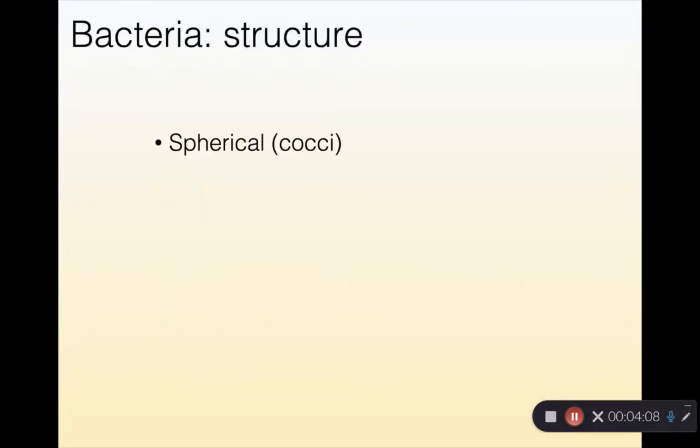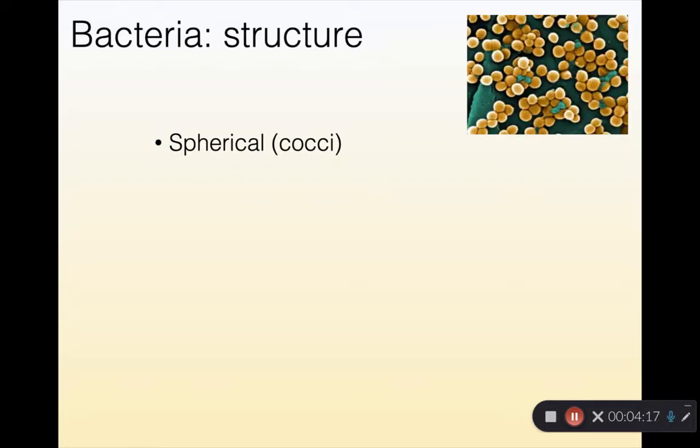In terms of structure, there are three main branches of bacterial structure. The first is spherical, and a good example of this is our old friend Staphylococcus aureus. A way you can determine whether a bacteria has a spherical structure is that the word cocci is usually somewhere in their name. So Staphylococcus aureus tells us that it is a spherical bacteria.